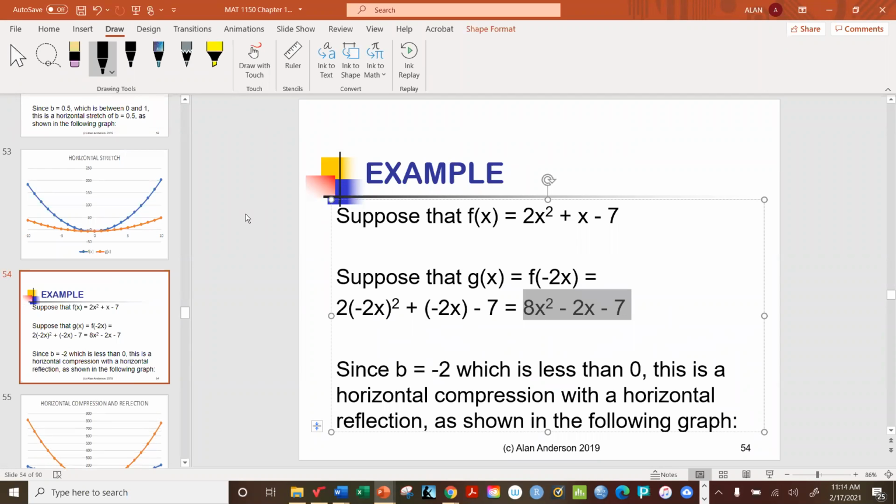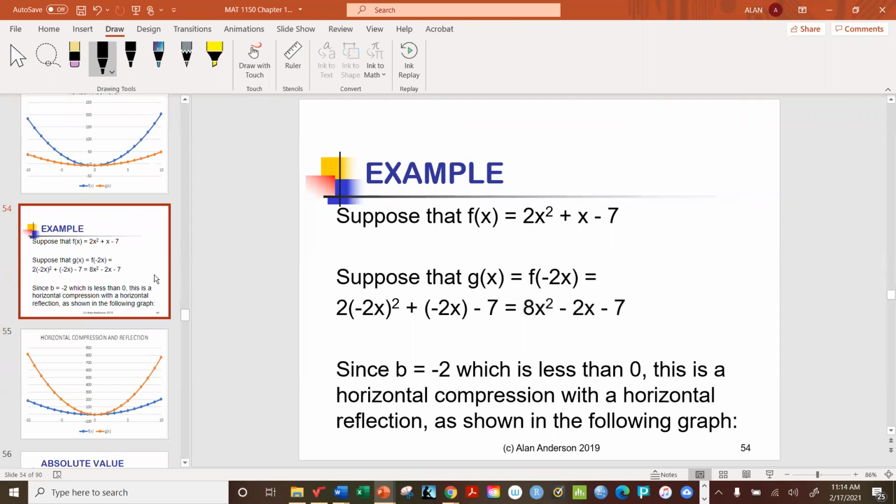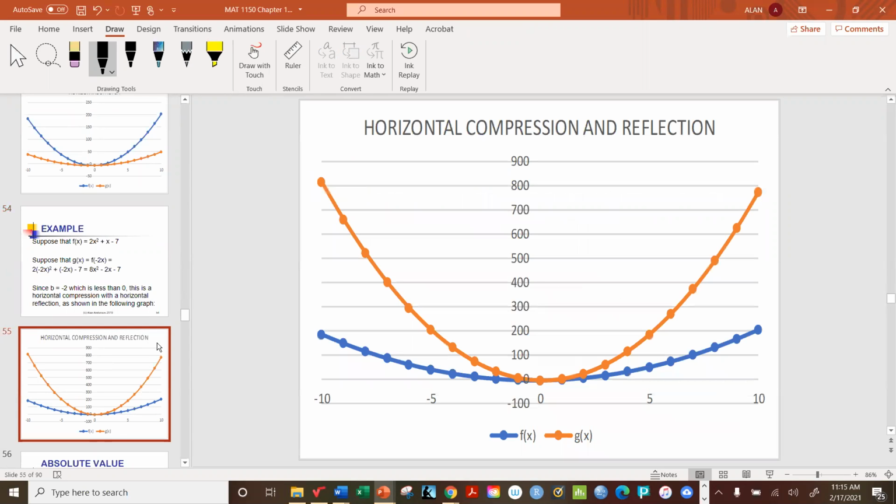So let's see what this thing looks like. I don't know. I'm finding this one hard to visualize. This graph that I've drawn is not terribly helpful. I mean, it is a compression, which means it's going to be steeper, but I'm not seeing the reflection.